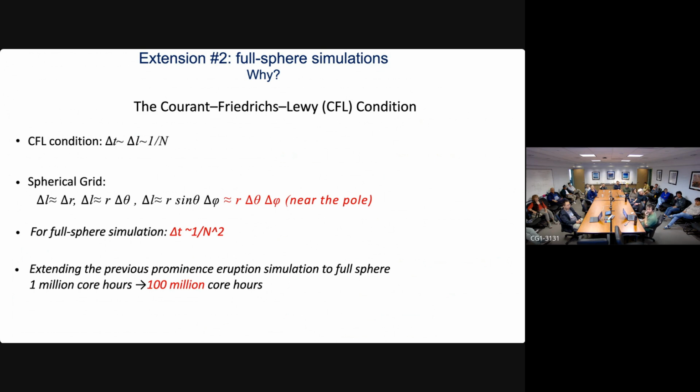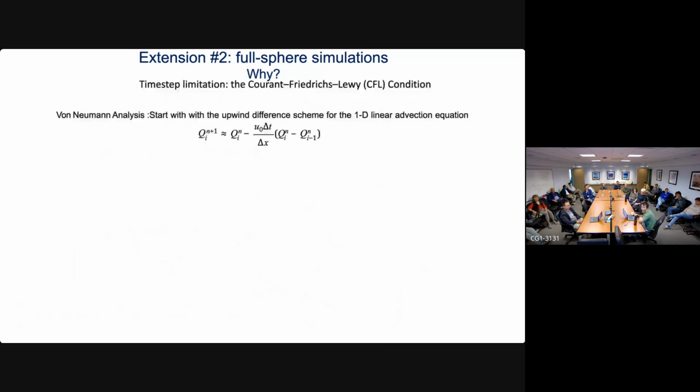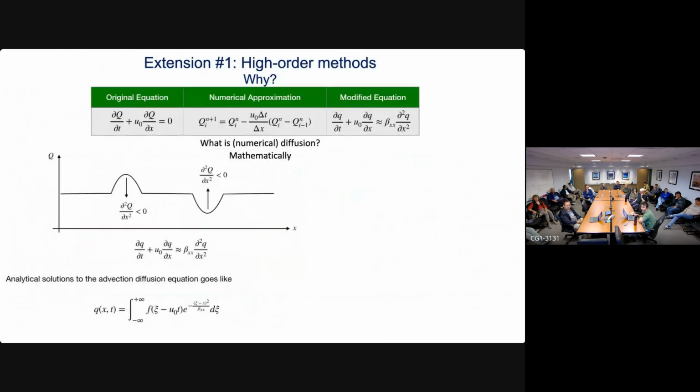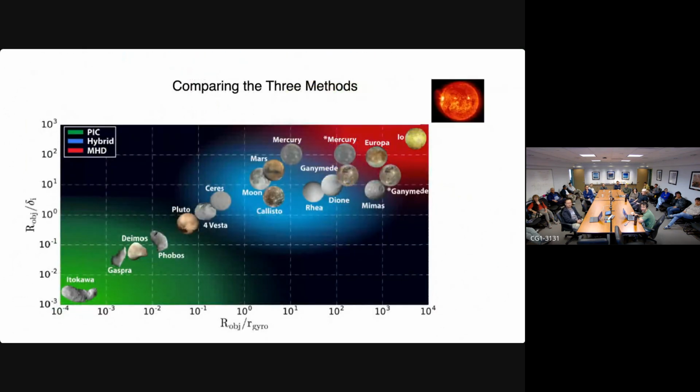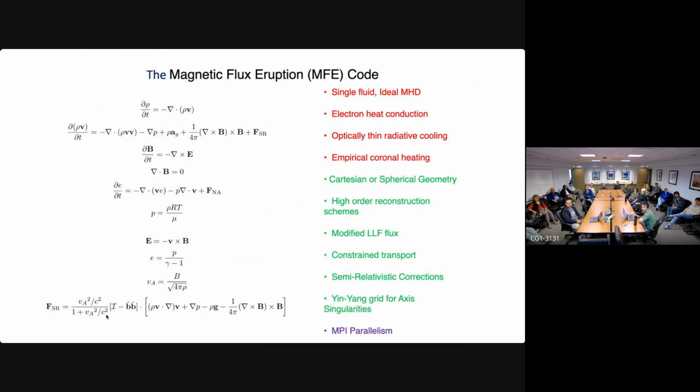Well, the answer is no. But this is unavoidable because we are using the MFE code. Let's go back to the first slide. The equation we are solving is the internal energy. So anyway, it's not conserved even without yin-yang.